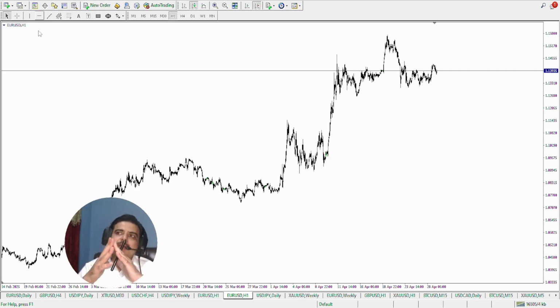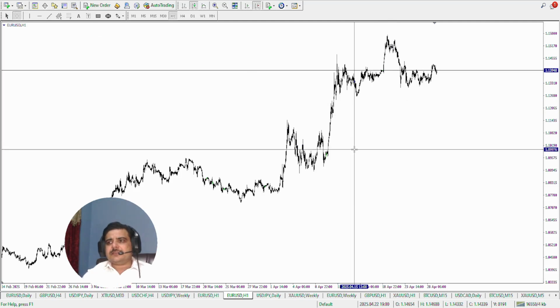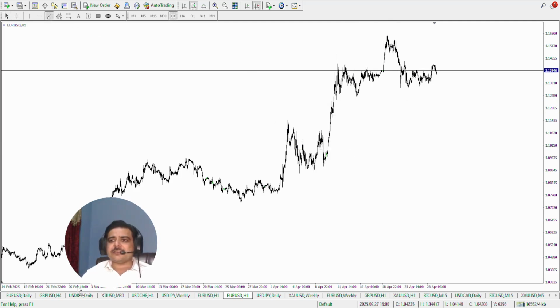If you are looking for a sell opportunity, you will be looking for a sell trend line. So in this chart, what type of trend do I see right here? It is a piece of cake identifying it. See this.